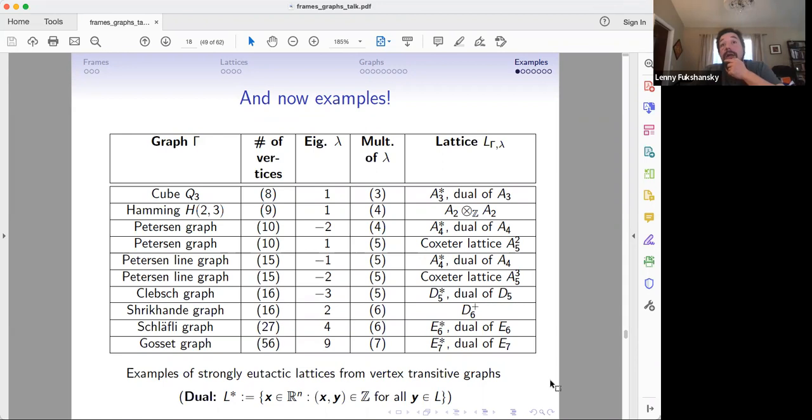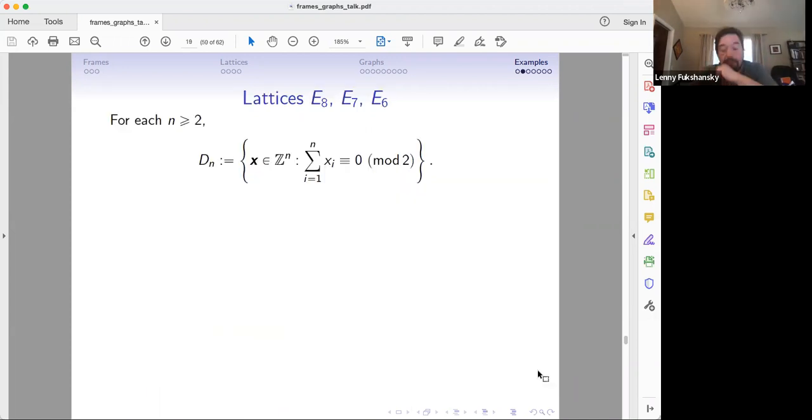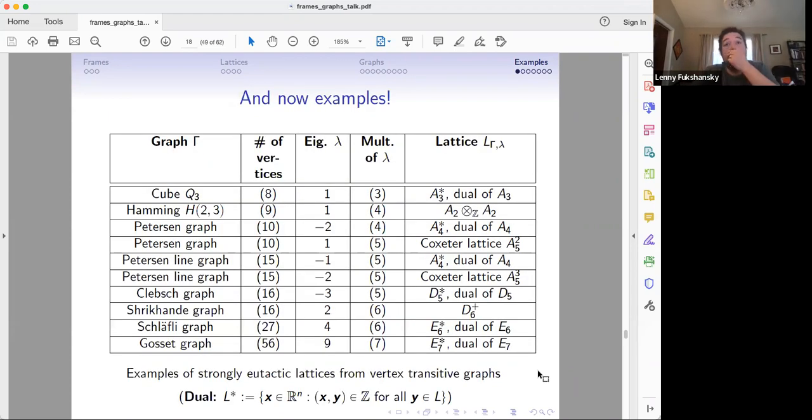The family of root lattices A_n has some really excellent properties. In particular, all the A_n root lattices are extremal, so they're perfect and eutactic, in fact strongly eutactic. And A_n star are also very nice. They're not necessarily perfect, but they are eutactic, strongly eutactic in fact.